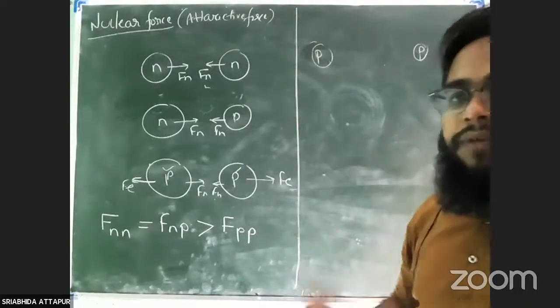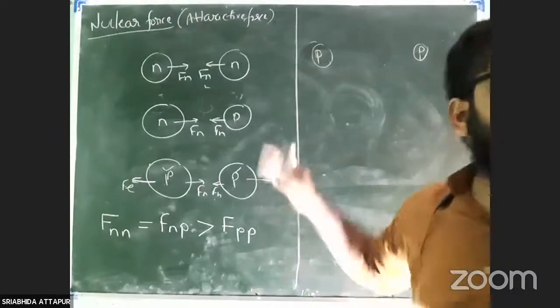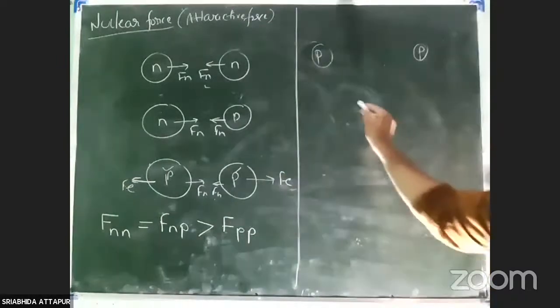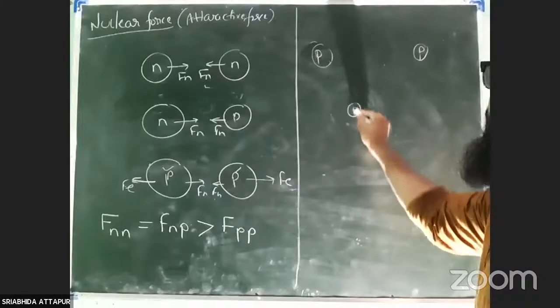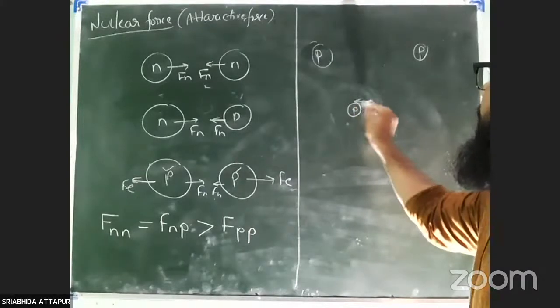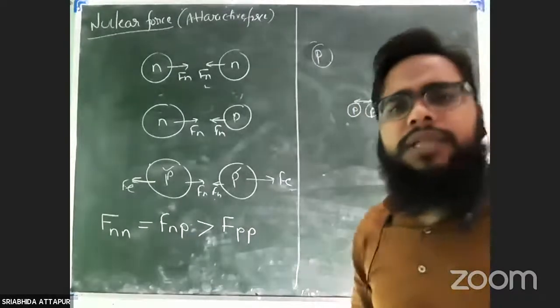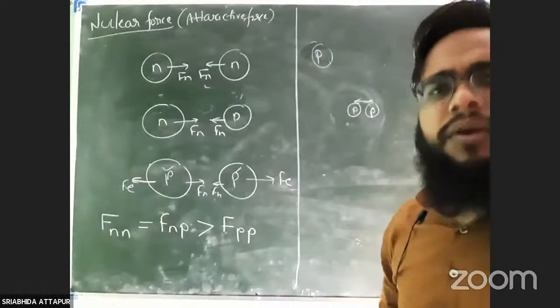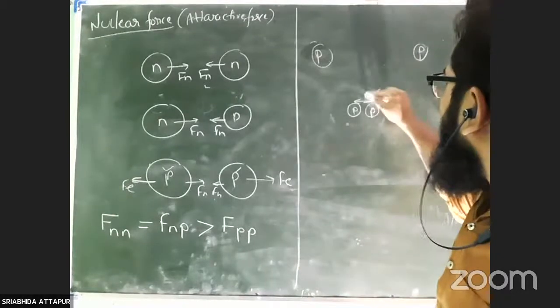Everyone knows that R becomes infinite, so the potential energy between them is zero. But when you keep these two protons very close, the potential energy becomes very high. In other words, I can say infinite. It means it has more energy.